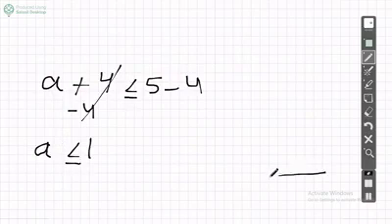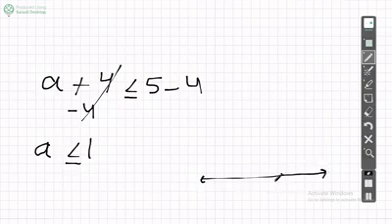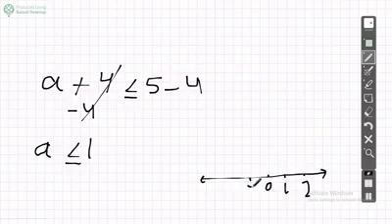So we'll draw a number line here. Here 0. Here 1. Here 2. On the other side, -1 and -2.